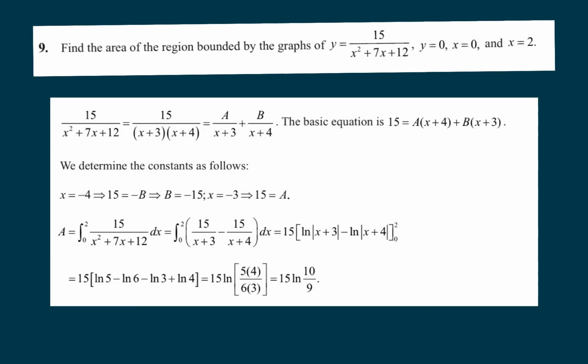You need to decompose the denominator into (x plus 3) times (x plus 4), and use partial fractions, which means to put this equal to a divided by x plus 3 plus b divided by x plus 4. Now you find a, you find b, and you find the two integrals. So you reduce the problem of finding this integral to finding these integrals.